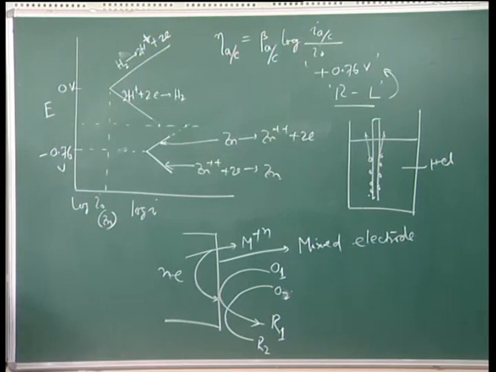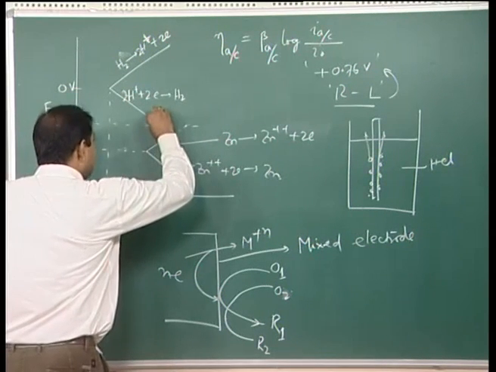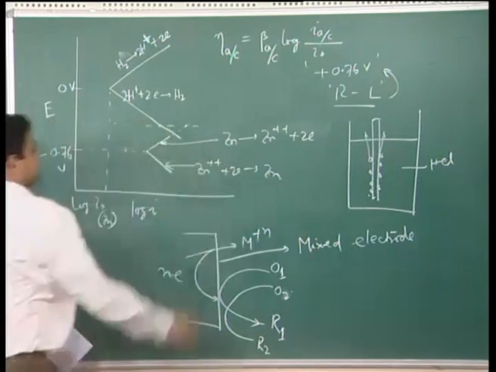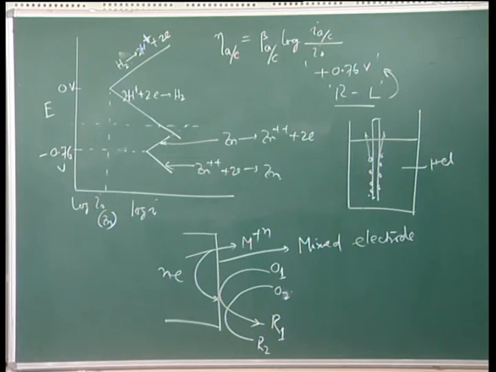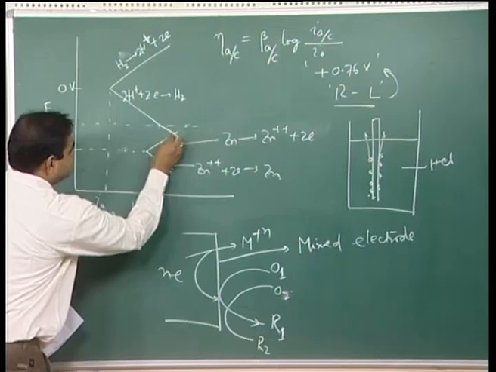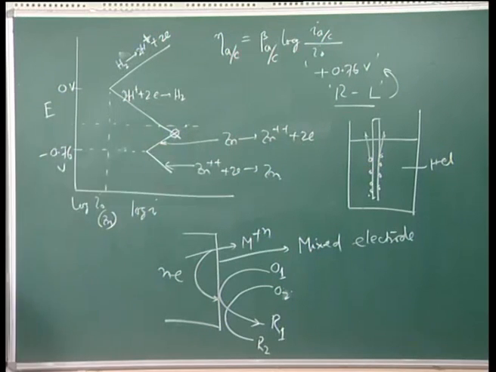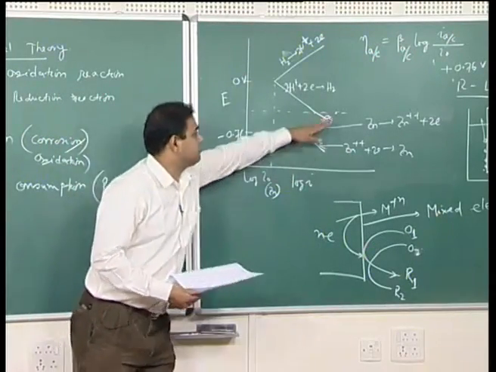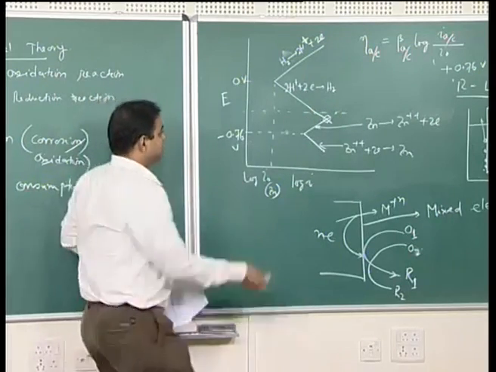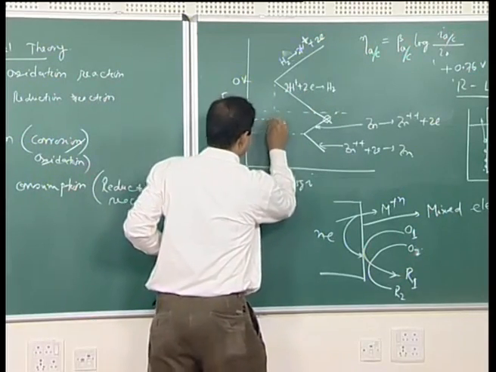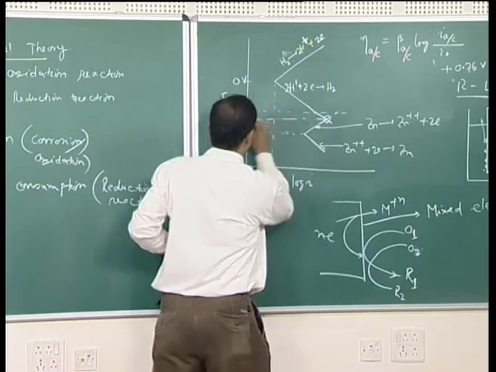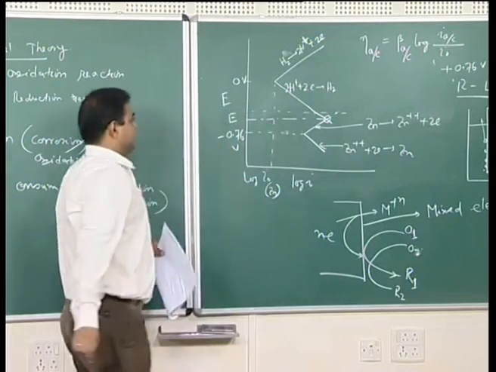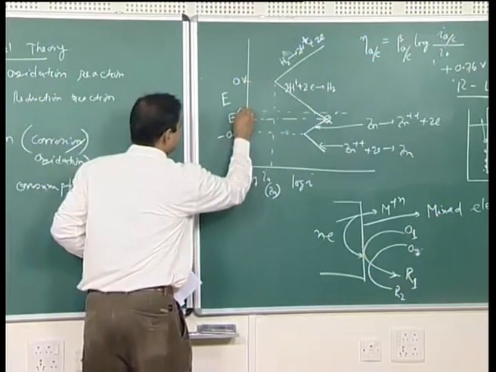We can see that if we extend this line, at this point the potential for the cathodic reaction, which is this, and the potential for the anodic reaction become the same, which is nothing but this one. Let us say this is E double dash.